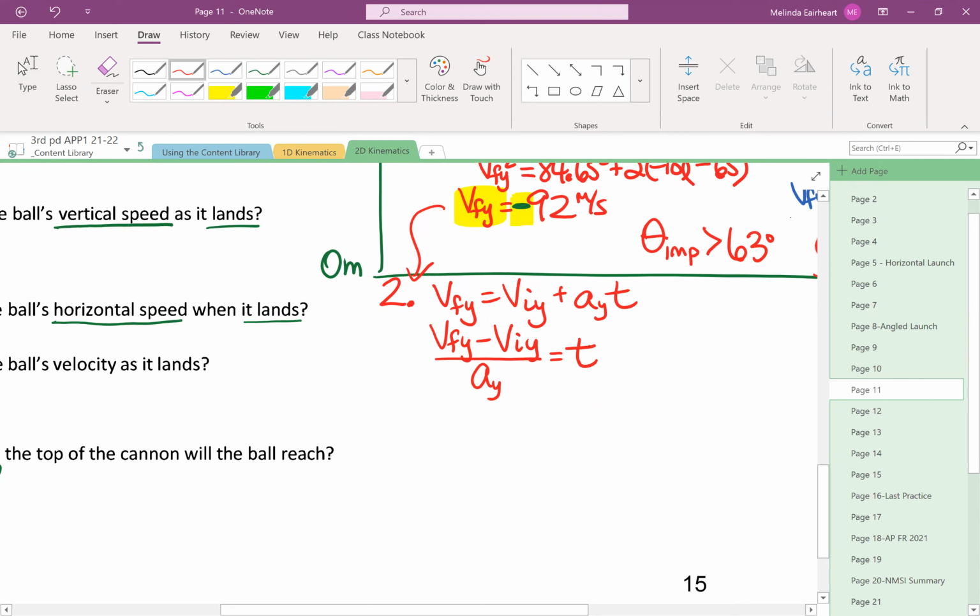Now we know the final velocity. Now work with me here. What if I didn't realize it was negative? I put in a 92, calculator spit out 92. That's what I'm going to go with. Minus our initial, which was 84.65, divided by -10. Now notice we're going to subtract and get what? 7/8-ish divided by a -10. Wait, that would be a negative time.